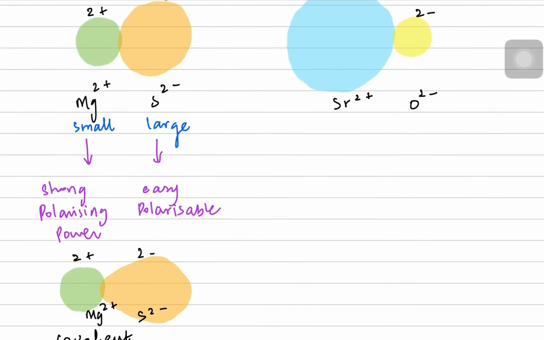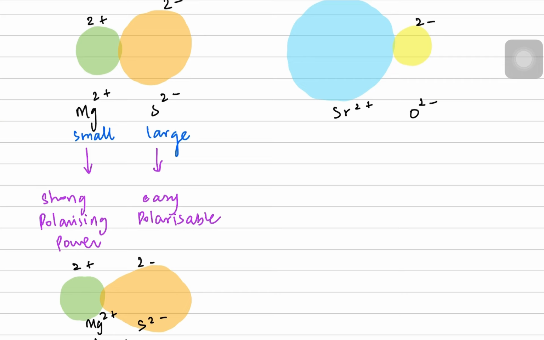But when we talk about strontium oxide, it was strontium ion which was large and oxide which was small. Large cations have very weak polarizing power. So strontium is not good. Very weak polarizing power, and small anions are not polarizable.